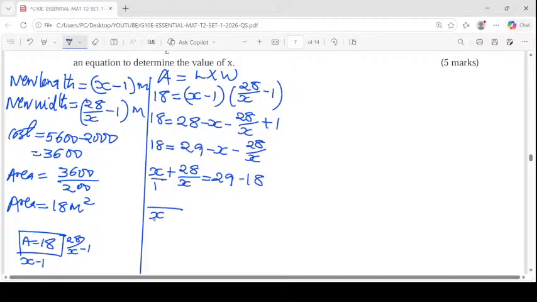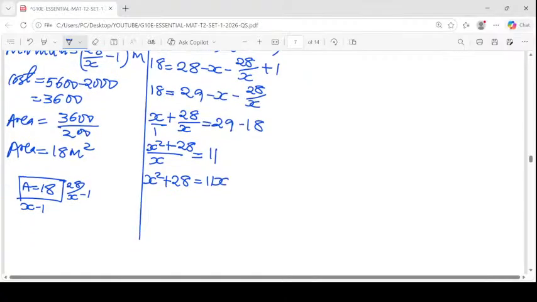All over x divided by 1 is x times x, this becomes x squared. Then x divided by x is 1 times 28, that is 28. So that becomes x squared plus 28 all over x should be equivalent to 11. When I cross multiply to remove this denominator, I'll be getting x squared plus 28 is equal to 11x.